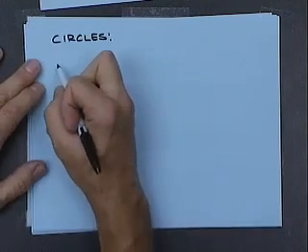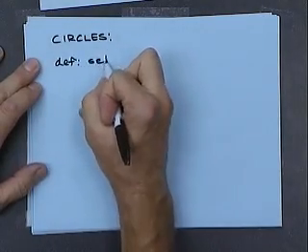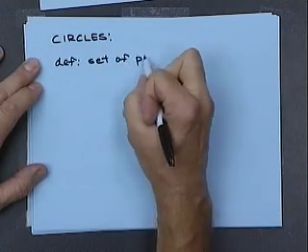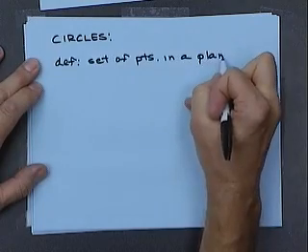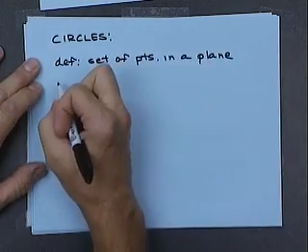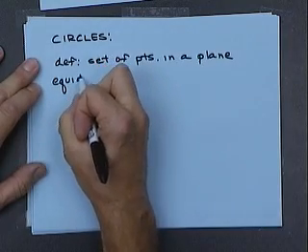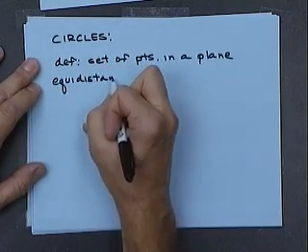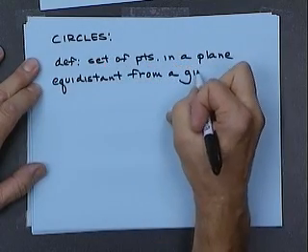Well, the definition of a circle is the set of points in a plane equidistant from a given point.